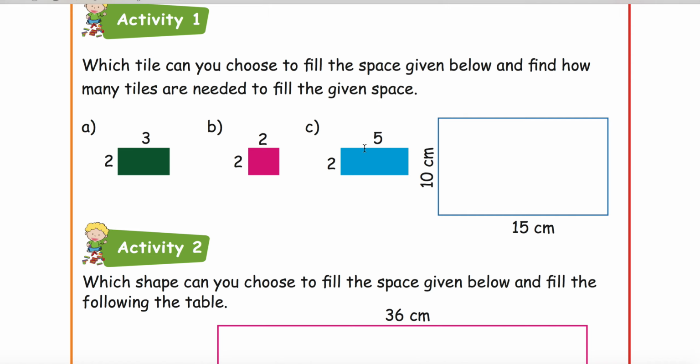Which tile can you choose and how many tiles are needed? Clearly, B you cannot choose because it is a square, right? You should not choose a square.